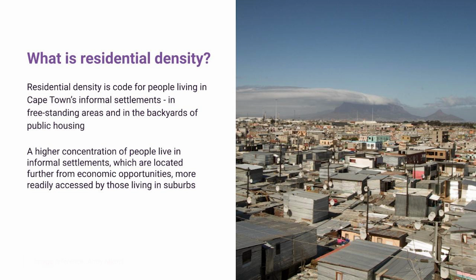These informal settlements and informal housing is both in freestanding informal areas, but also in what we call the backyards of public housing or RDP housing in the case of South Africa. And what that reflects is that you've got much higher concentrations of people living in these homes than you have in people living in the suburbs of the city, which is closer to the economic opportunities.